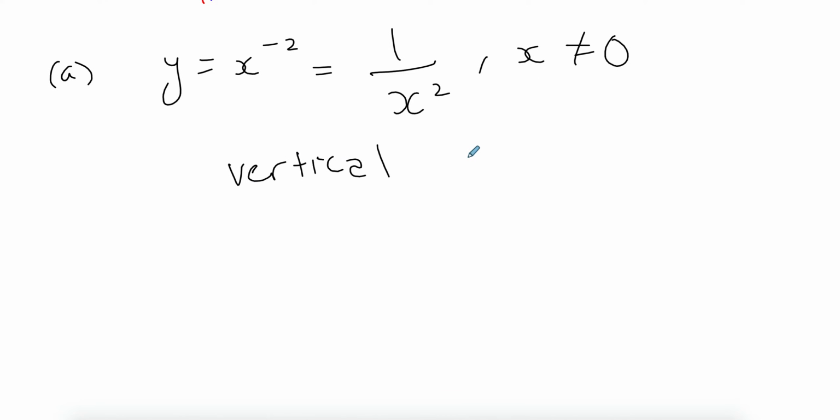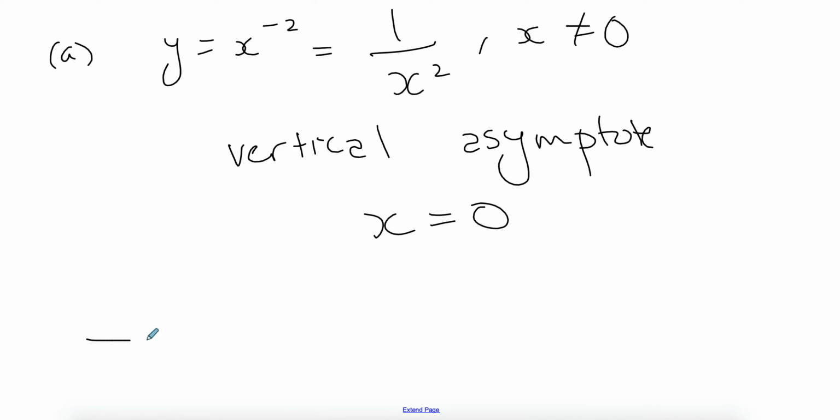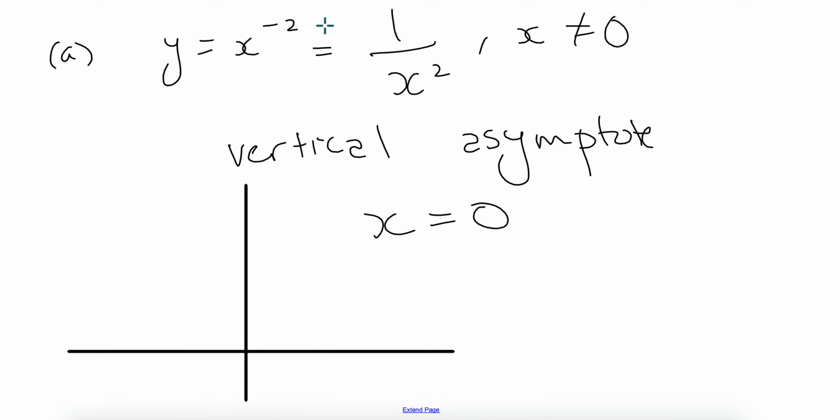So this function is not defined at x equals 0, which also means that the vertical asymptote is x equals to 0. So if I quickly graph this function, I know that the line here at x equals to 0 will not be touched and it will not be crossed.